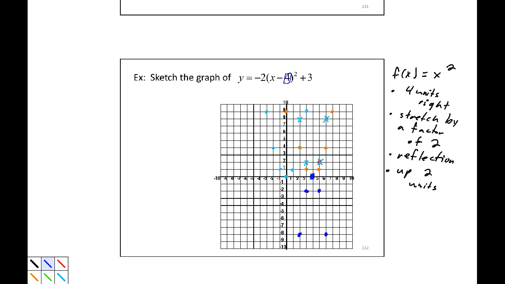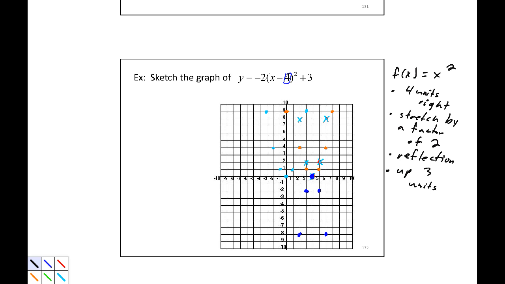Last, we need to shift up. Did I really write plus up 2 units? Up 3 units. So we'll shift this entire function, those dark blue points, up 3 units. Oh, wait, hold on a second.